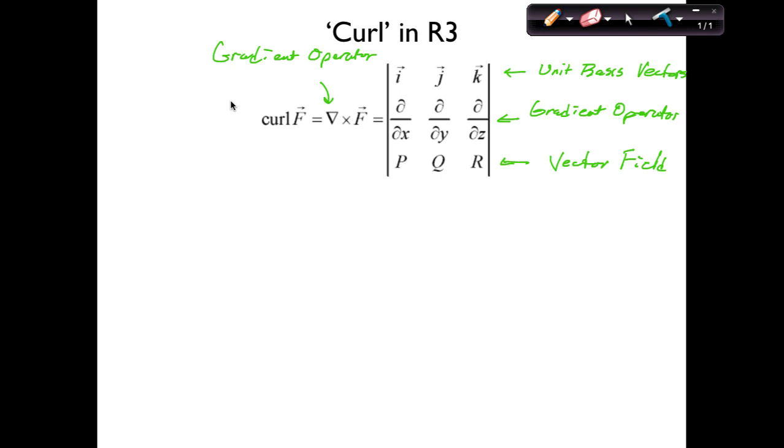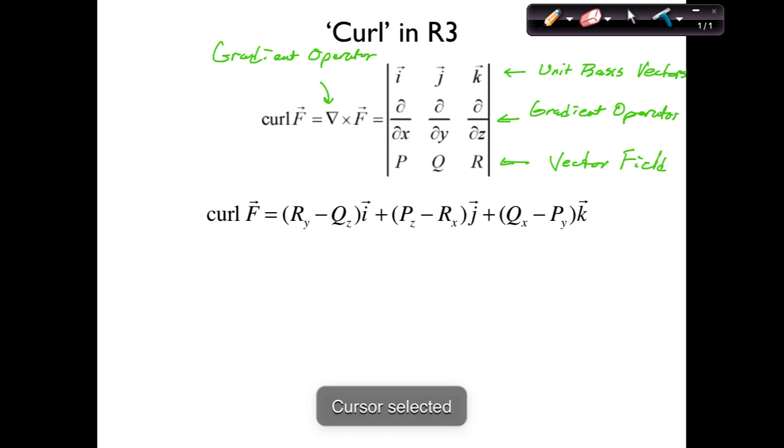This is the curl of F, the rotational rate of change of a three-dimensional vector field. It has components relative to the xy plane, yz plane, and xz plane.